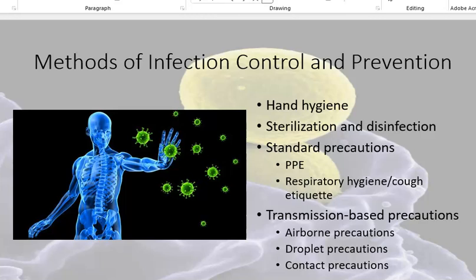If no private rooms are available, then cohort, same colonized or same infection. Accurate handoff between units is very important, and then protection of visitors of patients with transmission-based precautions. Visitors are seldom monitored for compliance.